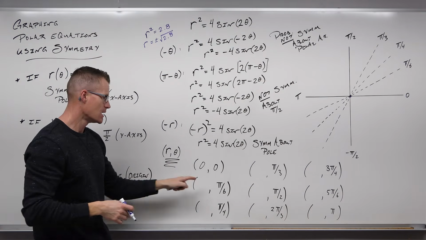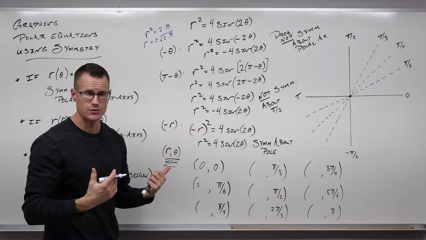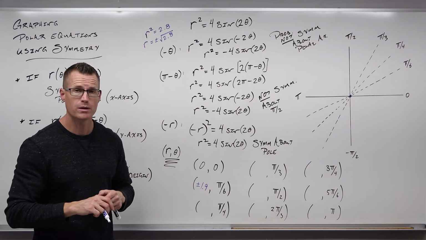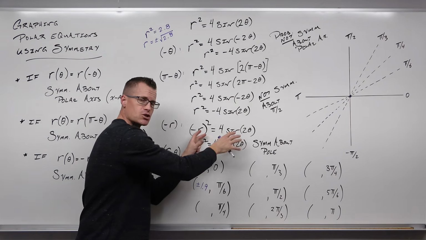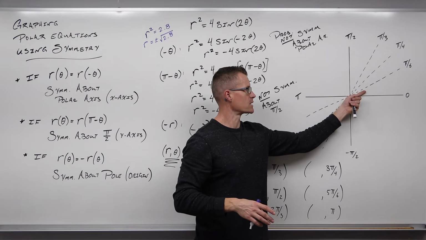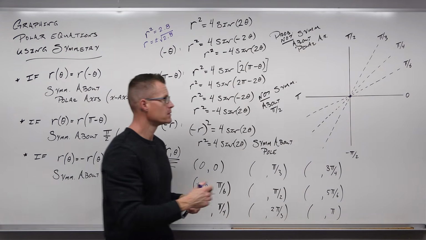I need you to see it. If you go to pi over 6, you're going to get plus or minus the square root of 2.8. I worked it out on the calculator. I got about plus or minus 1.9. So here's what this says. Get the relationship with symmetry about the pole. This says go to your angle pi over 6. Here's pi over 6. You're going to go out about 1.9.